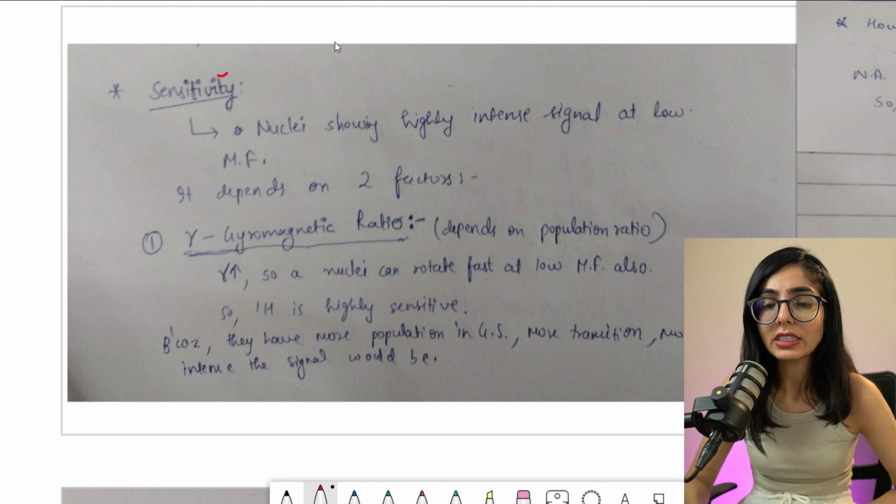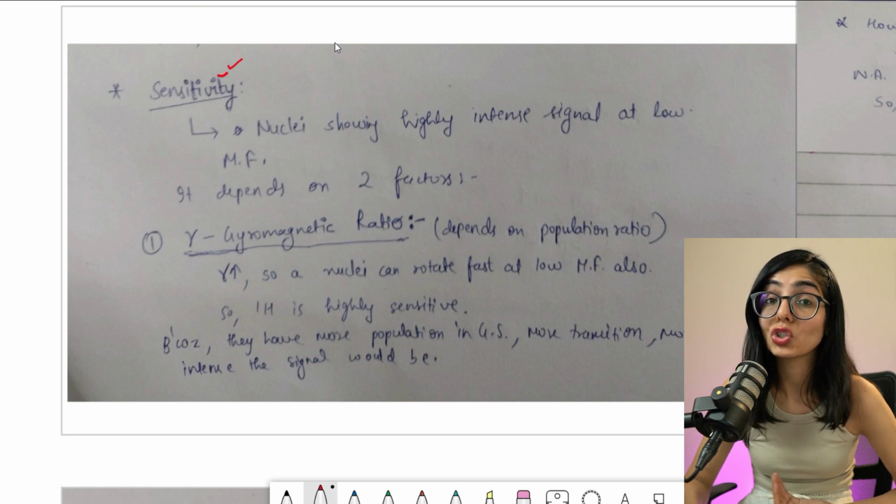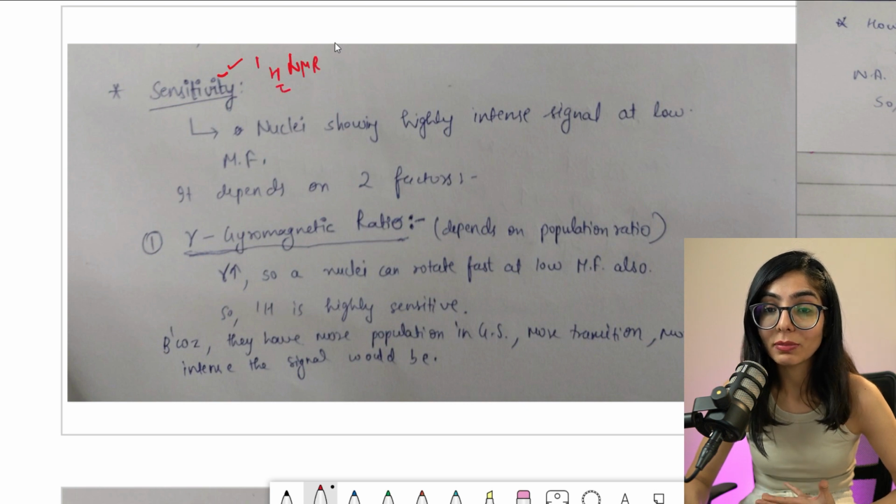Sensitivity is always considered a negative term, but it's not negative; if hydrogen is sensitive, that doesn't mean it's bad. Hydrogen should be sensitive. If I talk about H1 NMR, then it should be sensitive. Sensitive means the nuclei show a highly intense signal at low magnetic field.